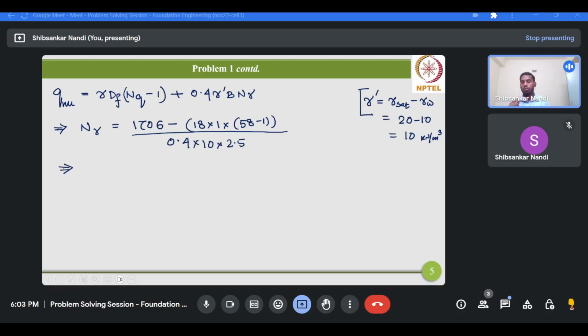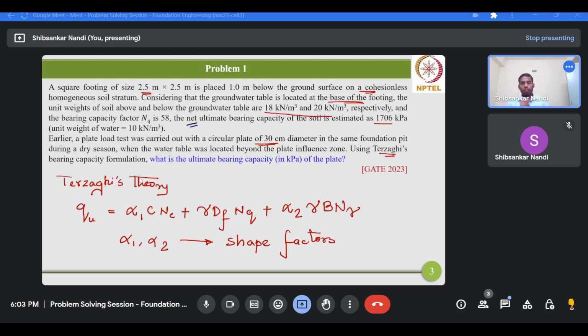Okay, so N gamma would be 60. We have calculated the N gamma for the given subsoil condition, that is a cohesionless homogeneous soil stratum. Now what we have to determine?